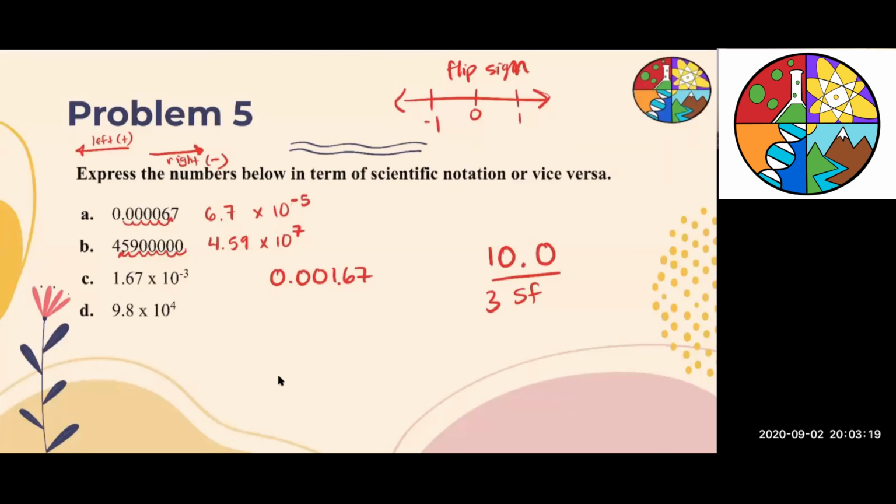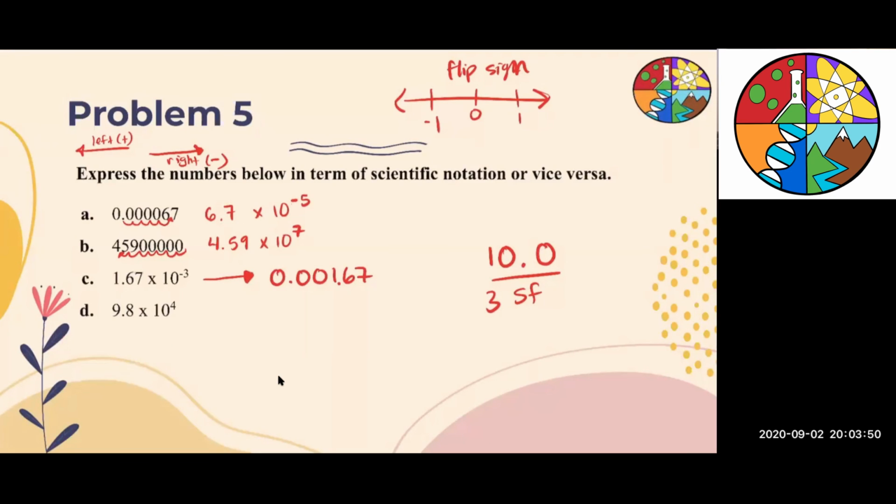So can someone give me the answer for D? 9.8 times 10 to the 4th. Nick gave 9.8000. Okay. Wrong way. To the 4th, so if it is a positive number, it moves left. Oops.